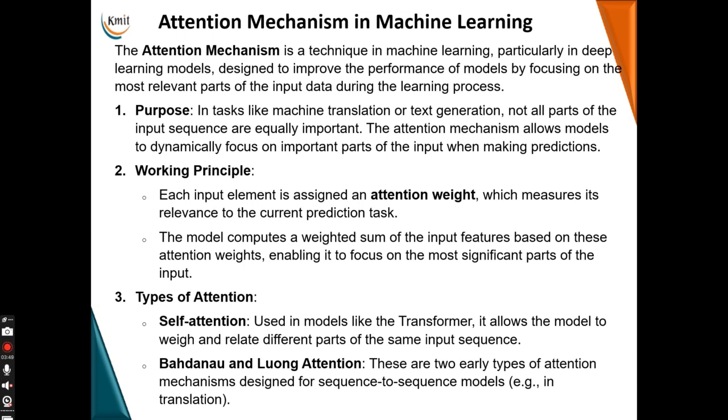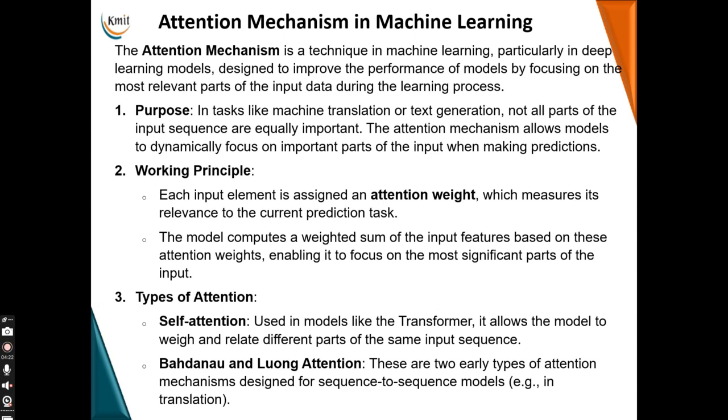This attention weight is nothing but how relevant is that input parameter for doing the specific task. Then, after assigning weights to each and every input parameter, the model computes weighted sum of all these input features based on the attention weights, and it will try to identify from the weighted sum which are the significant parts of the input.